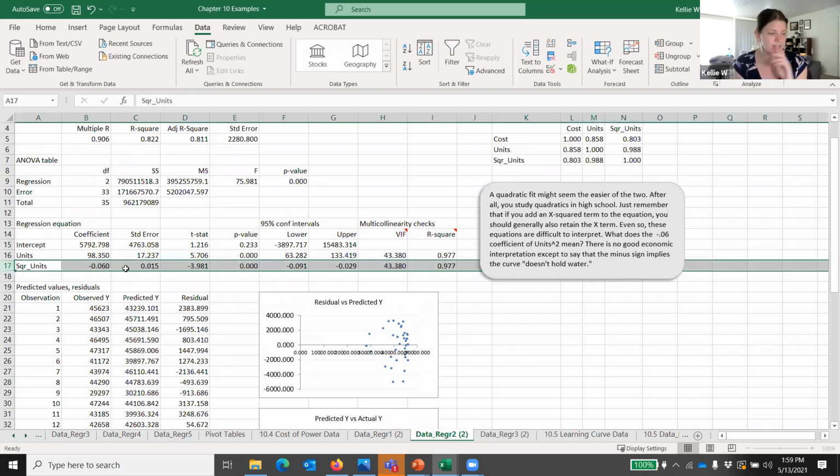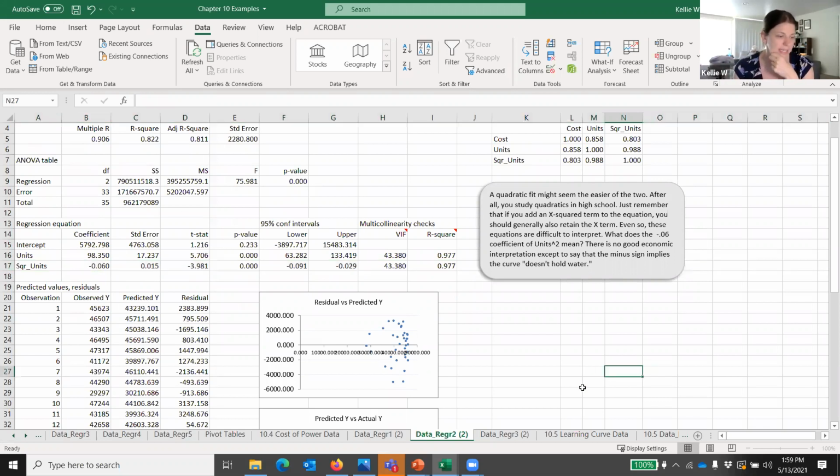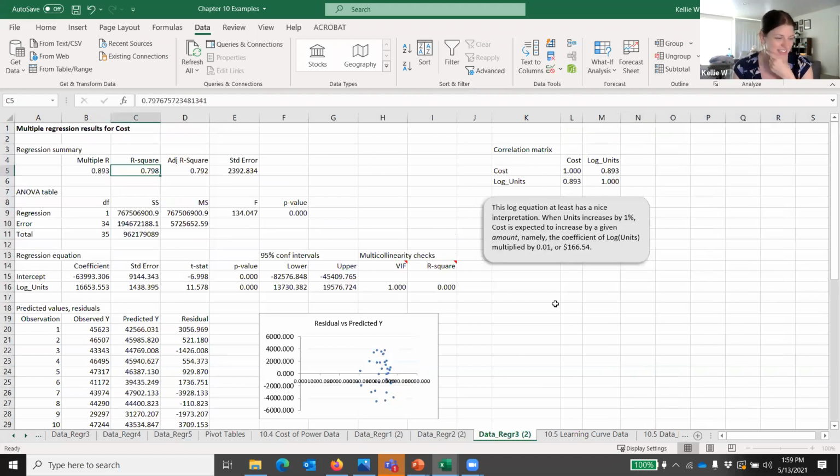And since it's negative, that's our economies of scale. It's pulling our predicted value down a little bit more the larger our x gets. So intuitively it kind of makes sense, but when you start getting really large, it breaks down. So this is something to note.